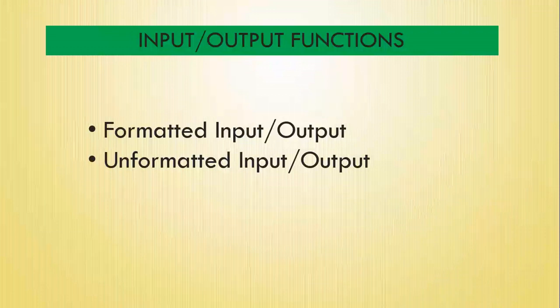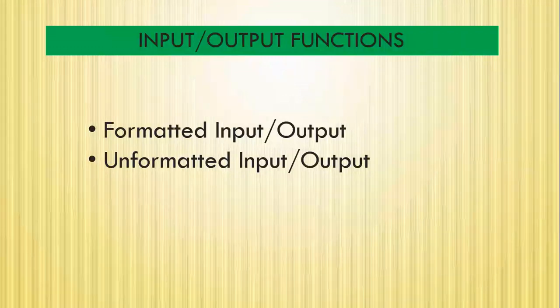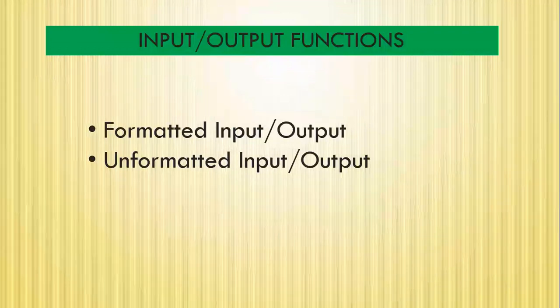Values can be assigned to variables by using assignment statements. C provides standard functions scanf and printf for performing formatted input and output respectively. The format specification string is a character string which specifies the data type of each variable to be input or output and the size or width of the input or output.